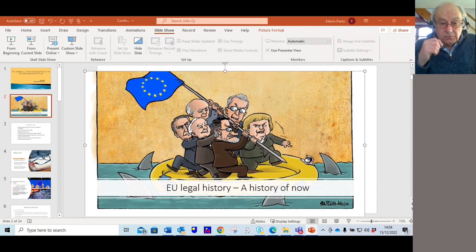So an example of using sources of EU law: in Van Gend en Loos, one of the early cases of the Court of Justice, as it was then called, it explained that the EU was a new legal order.